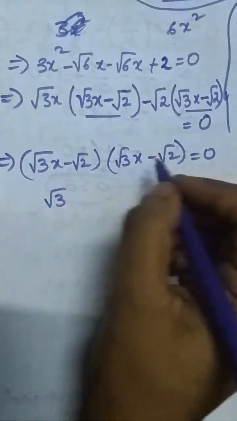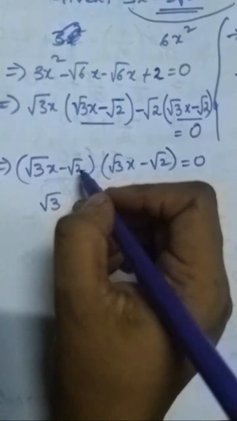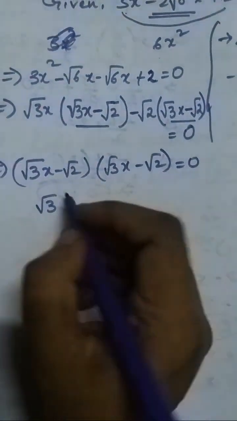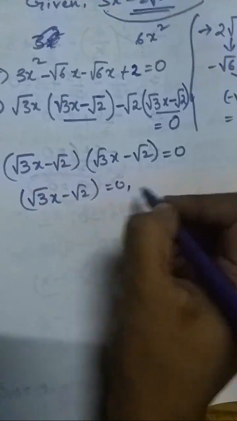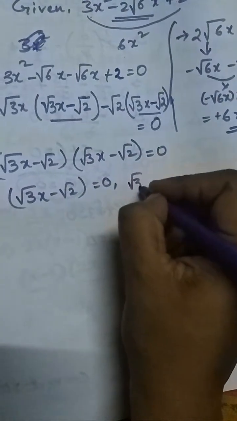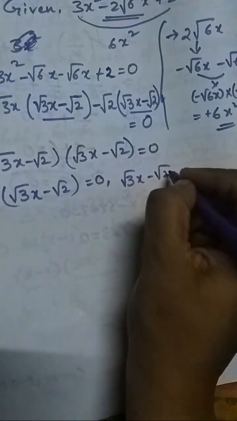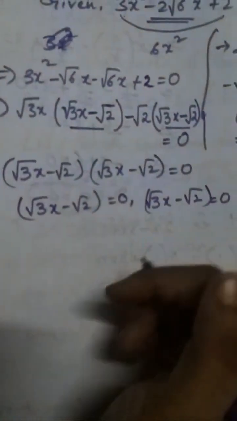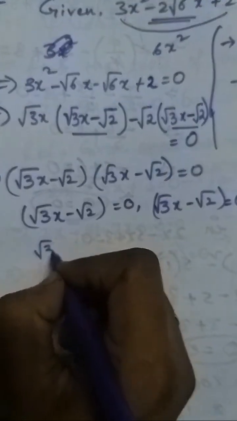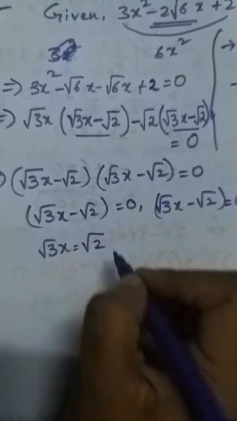Same values here: root 3x minus root 2 and root 3x minus root 2, both equal to 0. We have to get x values, so equating to 0 we will get x values, meaning roots of the equation. So root 3x equal to root 2.